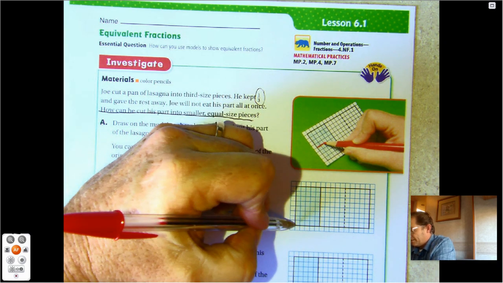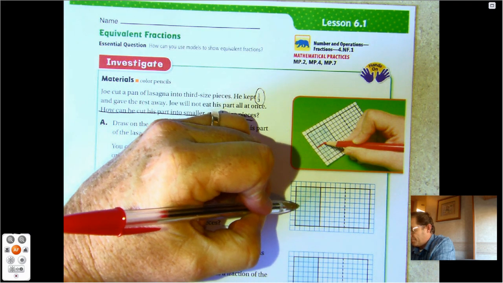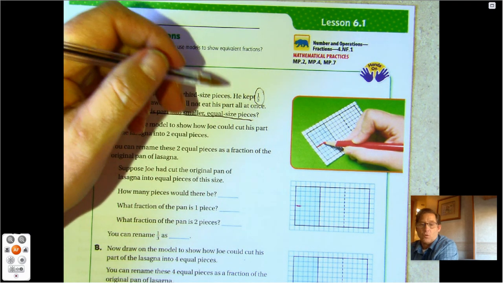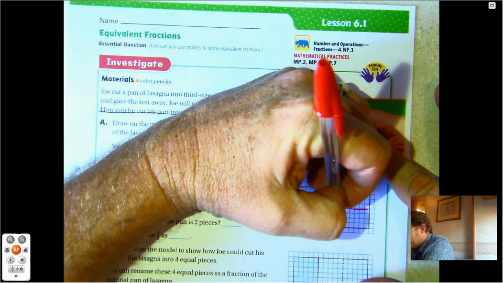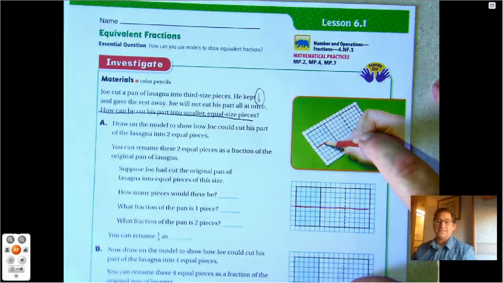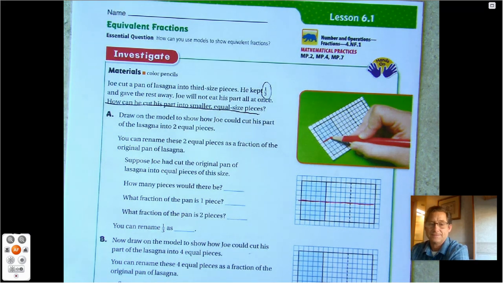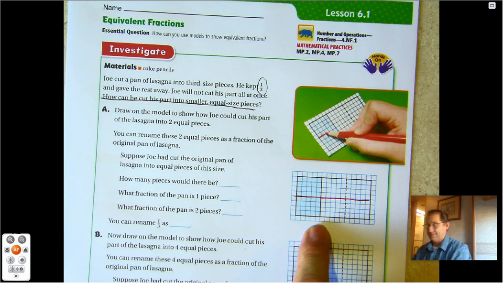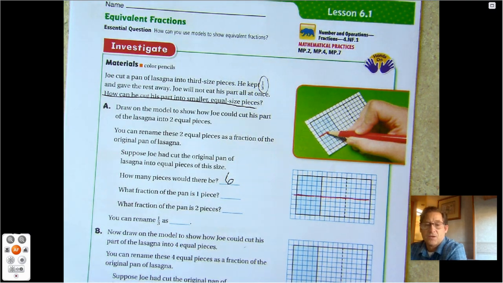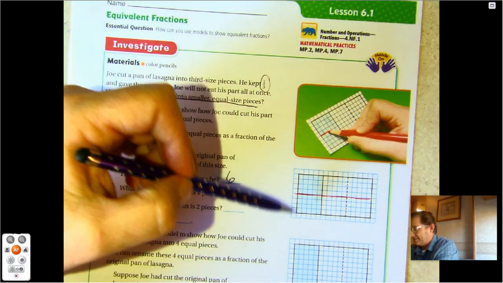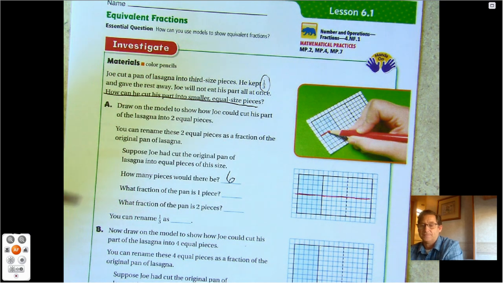So if I went and cut the 8 rows in half with 4, I would then be doubling the number of pieces in the whole pan. So now, instead of 3 pieces, there would be 6 pieces. So now, how much is each fraction of the pan?